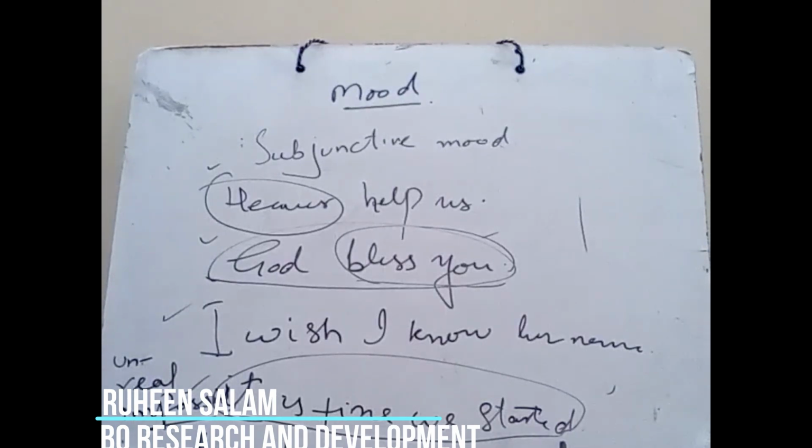Subjunctive mood one deals with our wishes, those things where we ask help from a heavenly being, and it comes in those things as well which are unreal and impossible.